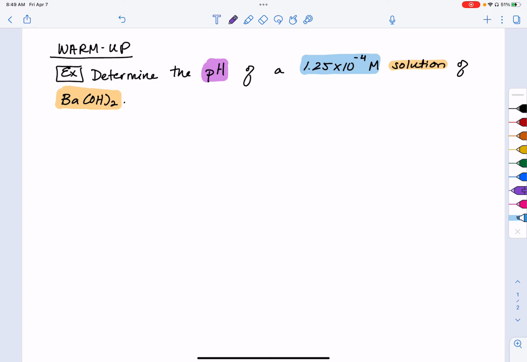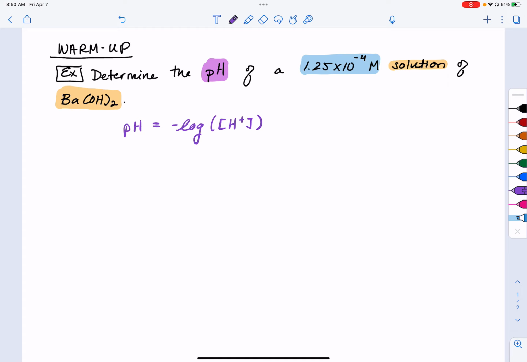So to start, to determine the pH of this solution, I'm going to write the equation that pH is equal to the negative log base 10 of concentration H plus. Okay, so that is one thing I know about pH.